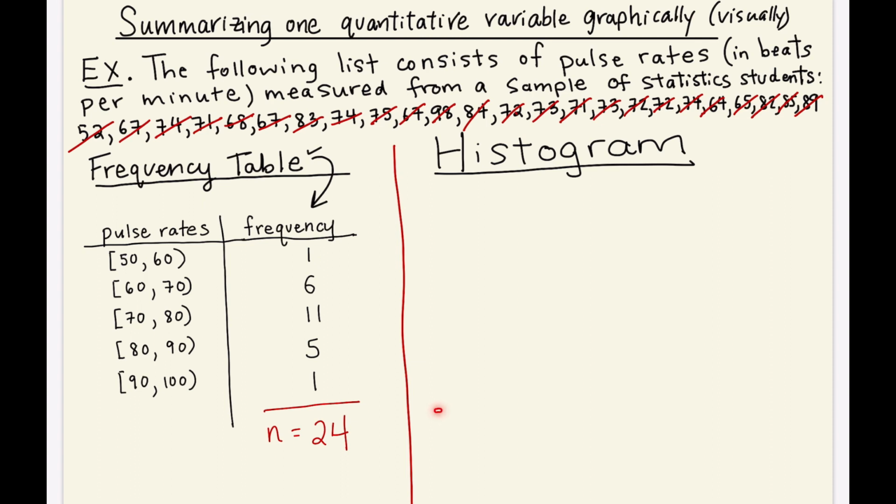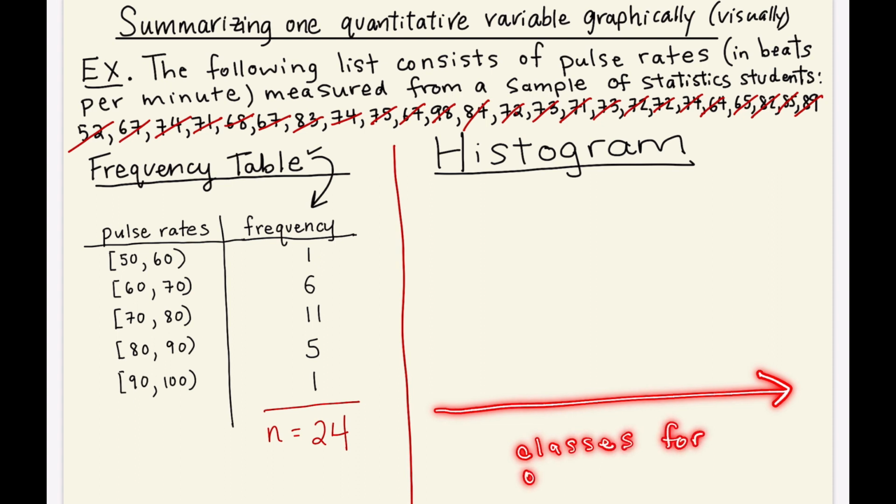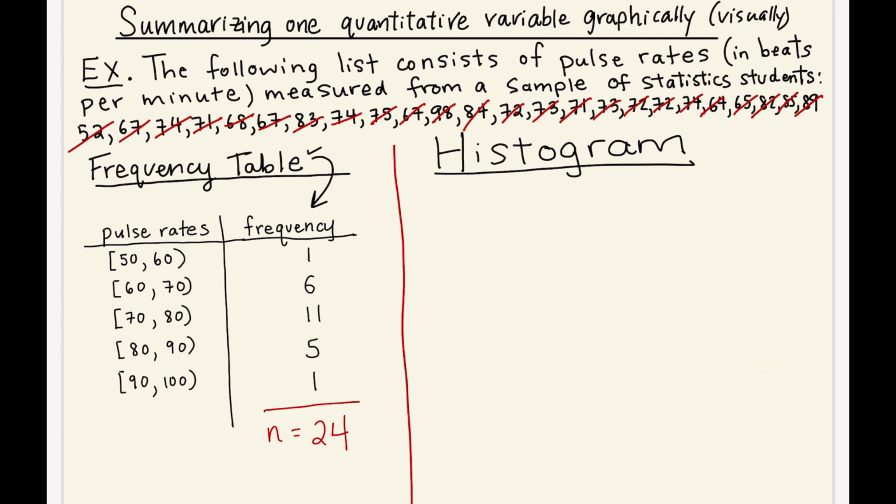On the horizontal axis, we're going to have our classes for our pulses, so for our data. And on the vertical axis, we're going to have the frequency. Okay, so let's start that process.